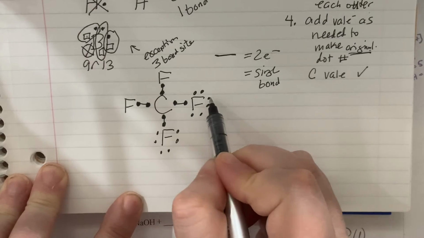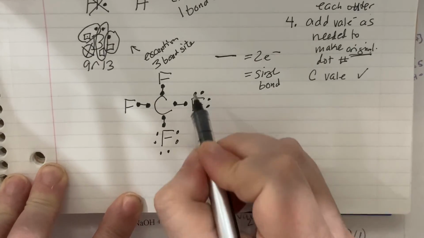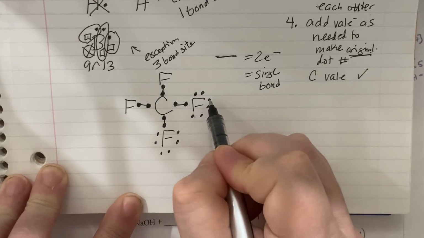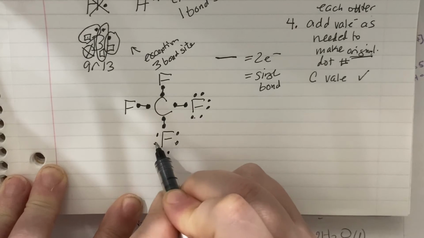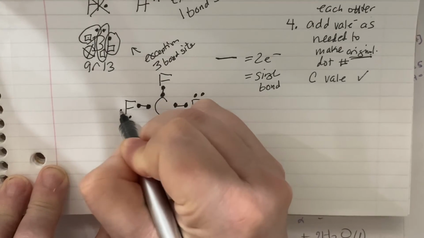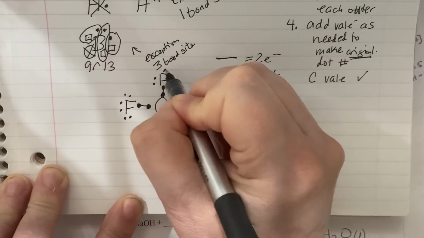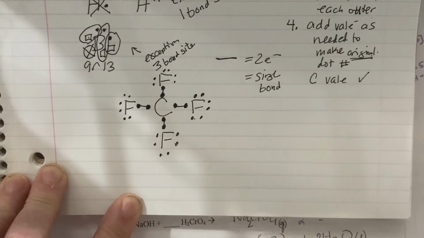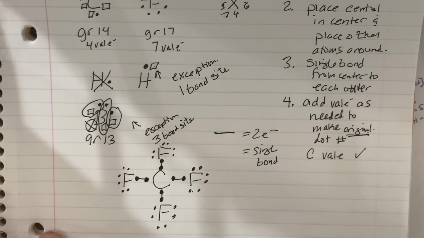We have 2 at the top, 2 at the right, and 2 at the bottom. But don't just magically put them in. Make sure you're counting. 1, 2, 3, 4, 5, 6, 7. Why do we need all those? Because we can't magically create electrons at the end.